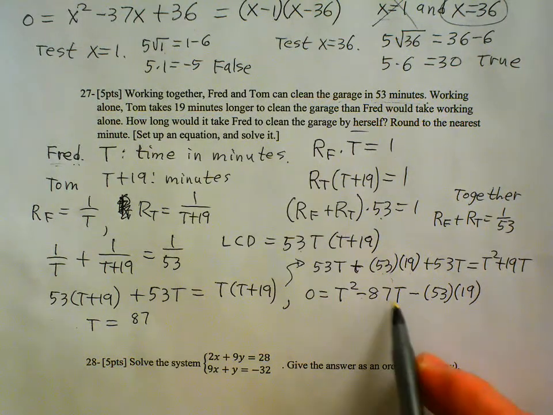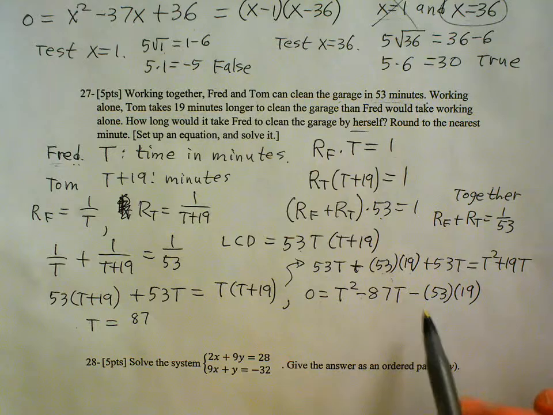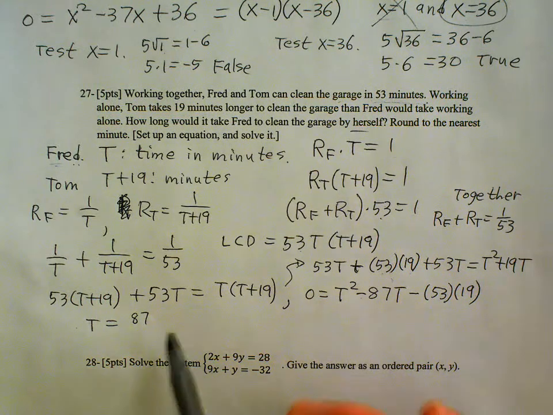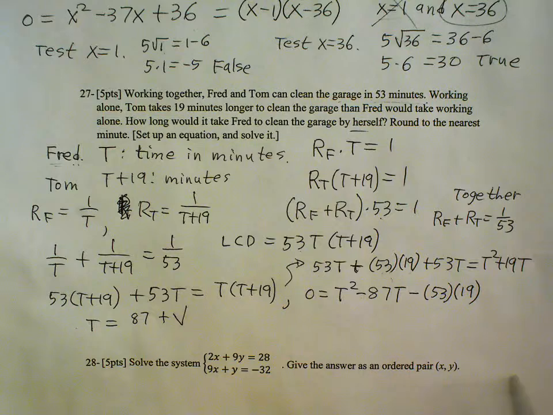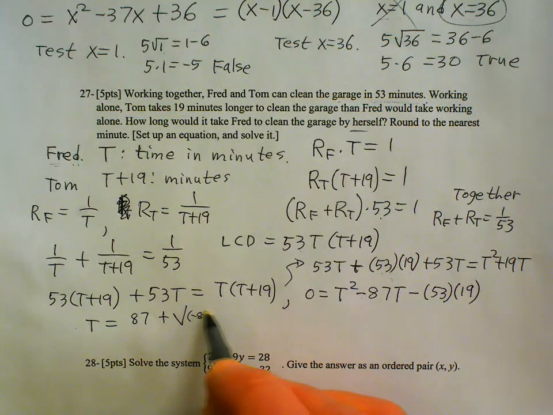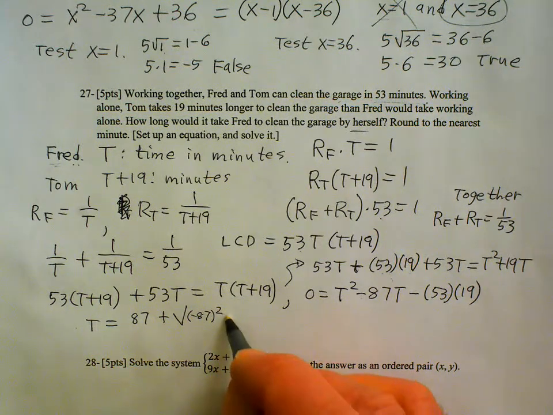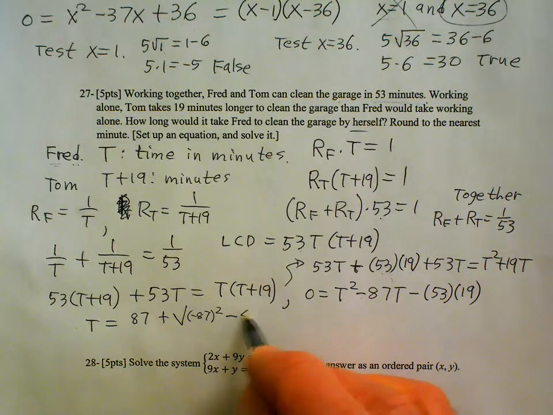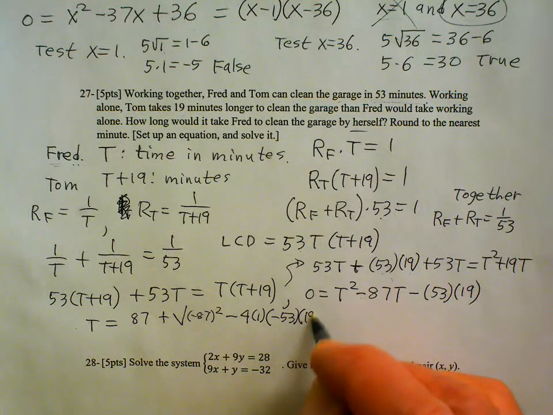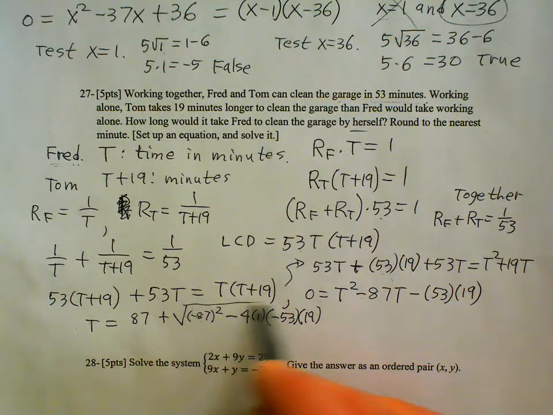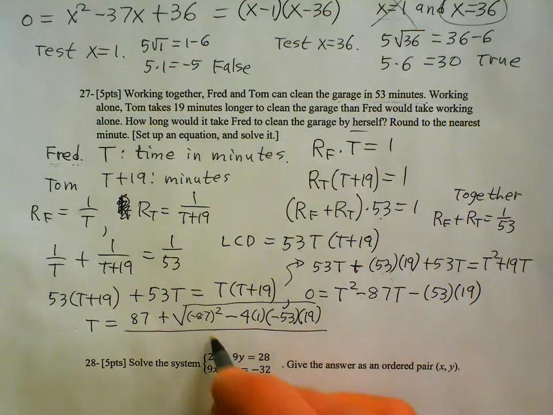The solution that we're going to want is the one that we get by adding, because the one that we get by subtracting is going to turn out to be negative. So I'll just write 87 plus the square root of the number negative 87 squared minus 4 times 1 times negative 53 times 19, all divided by 2.